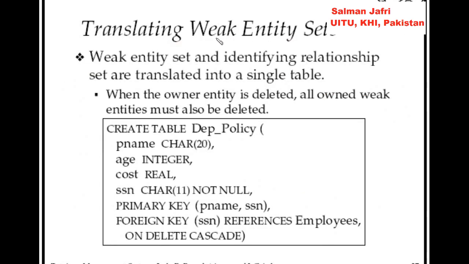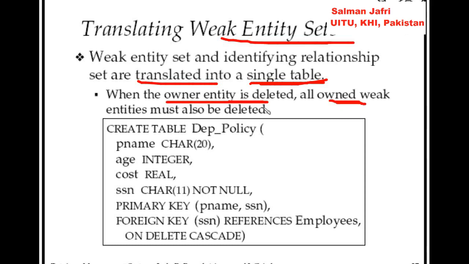So how will we translate the weak entity sets? Weak entity set and identifying relationship sets are translated into a single table. When the owner entity is deleted, all owned weak entities must also be deleted. That is logical. If the owner entity is deleted, all the weak entities that are owned by that owner entity must also be deleted.